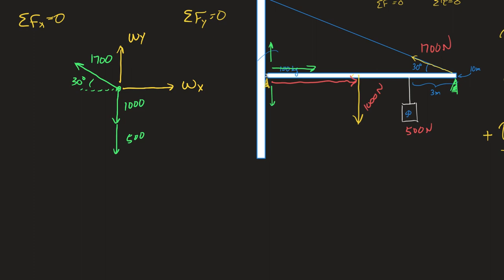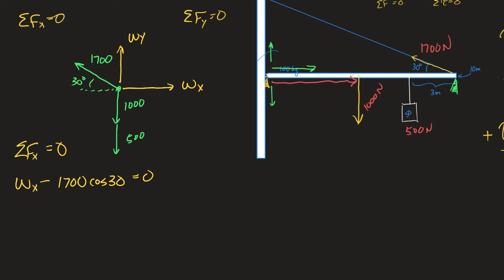I don't really feel like drawing all of that on here. I think you guys now know cosine and sine pretty well. So I think I can jump right to net force in the x direction equals 0. So Wx minus 1,700 cosine 30 equals 0.